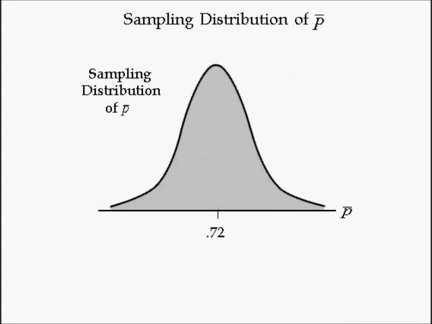The distribution of the sample proportion is the following normal curve, whose center is at 0.72, the population proportion.